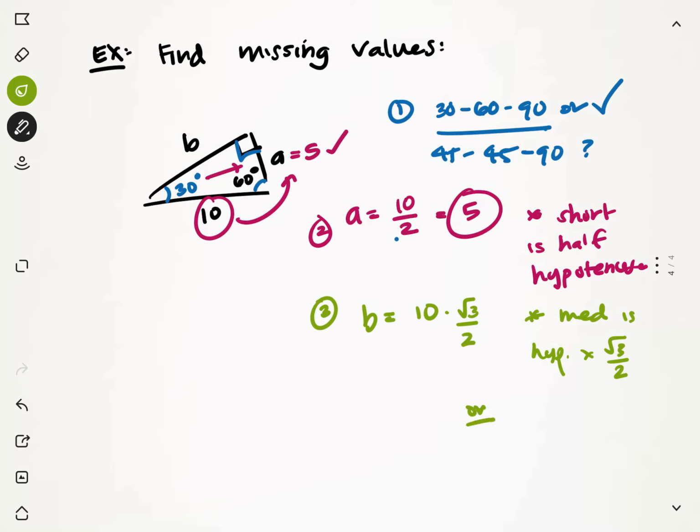Or another way to do that is to just say the short side times square root 3. So whichever one is easier for you guys to remember here. So you can either think of terms of the short side, or you can think of terms of the hypotenuse, and you should be able to go from there.